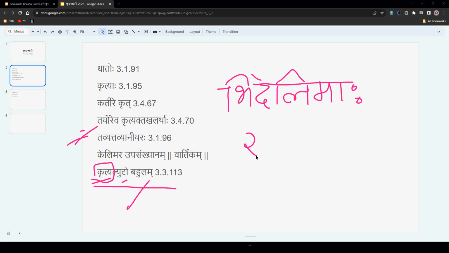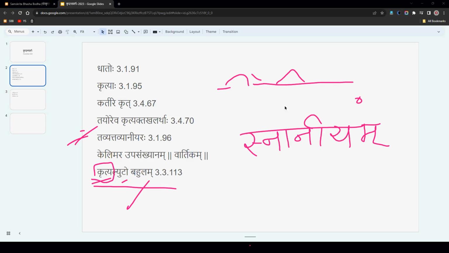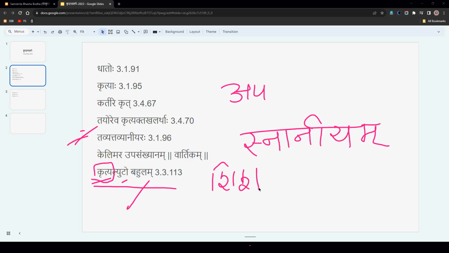That is snaniyam. For example, if you have an apatyam, let's say, because it is napunsakalinga, I am taking up apatyam. We can actually take anything. Like, for example, shishuhu snaniyaha, or balakaha snaniyaha.